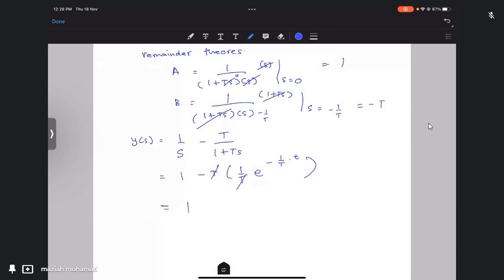So it becomes 1 minus exponent negative t per time constant. That is the general time response equation, the general y(t).